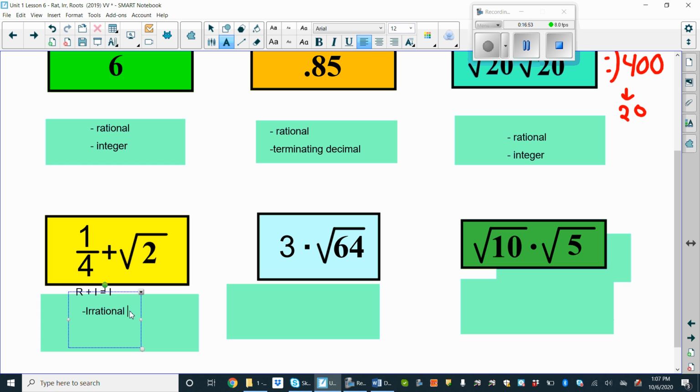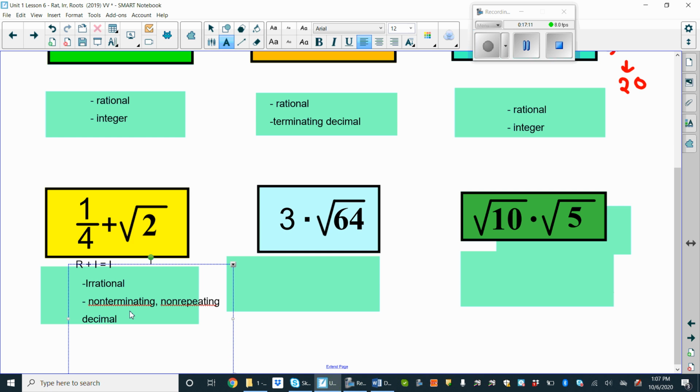You can either say it's a non-terminating, non-repeating decimal, and you could also say a rational number plus an irrational number equals an irrational number.